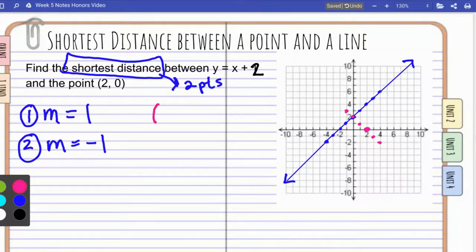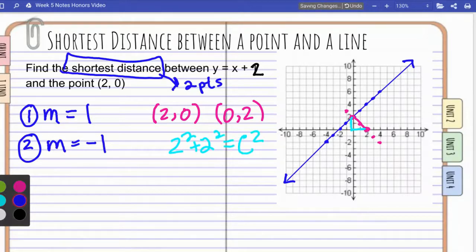So my 2 points are 2, 0, what I originally started with, and 0, 2. I'm trying to find the distance from here to here. Some of you like using the Pythagorean theorem, so you draw your right triangle, which goes down 2 over 2, so you would do 2 squared plus 2 squared equals c squared.